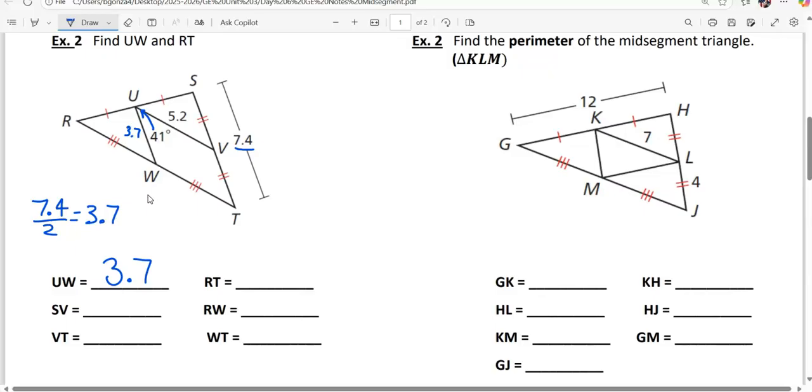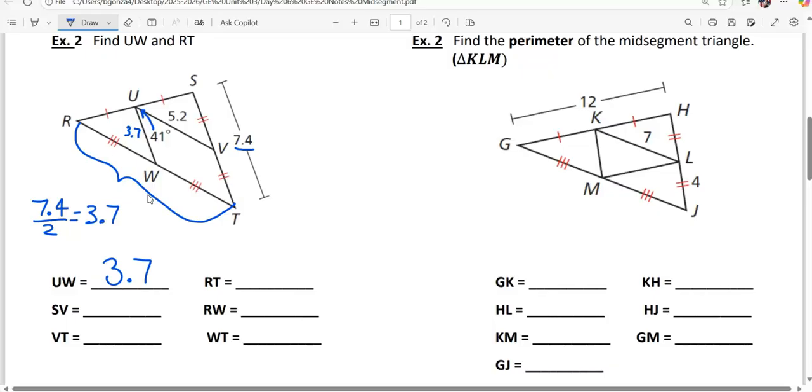Now, can you also work backwards to get RT? RT, I don't know what that is. It's kind of missing. But look, the midsegment is 5.2. How do you think I can go from the midsegment to the parallel bigger side? Multiply by 2, right? If you go from big side to midsegment, you divide by 2.